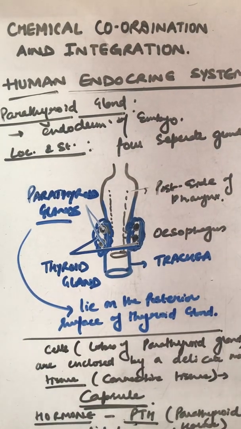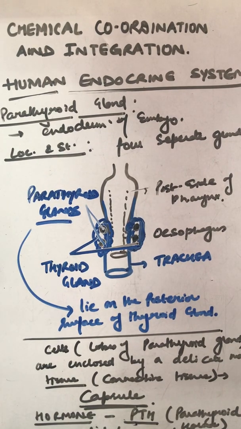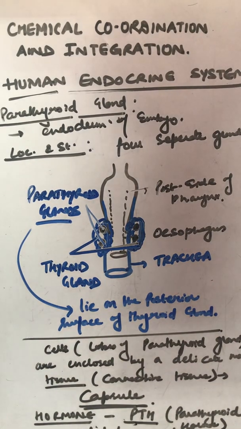This hormone, after the name of its discoverer, Collip, regulates the calcium and phosphate balance between the blood and the other tissues.